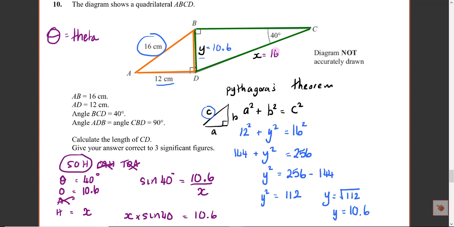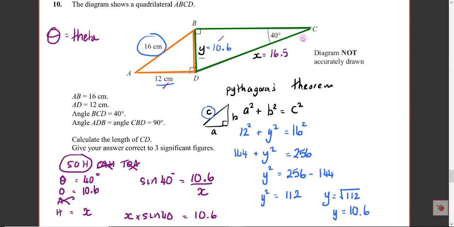Now what I would always recommend is go back up to your diagram, stick it in, even if it's the final answer, and just check, does it make sense? Yes. Okay, this side has to be the longest. It's definitely longer than that one, so that's passed. It's longer than the 16.